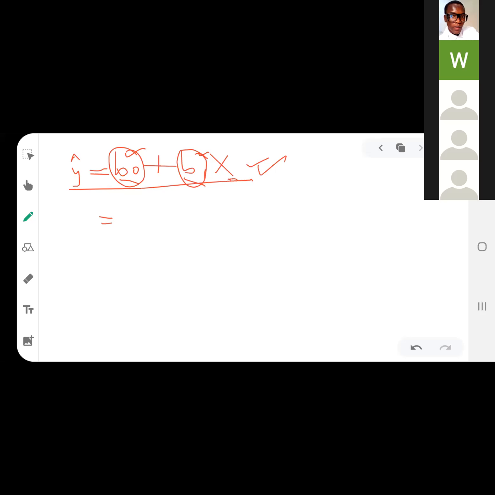Negative 200.3076923. Let's round it to 4 decimal places. Thank you. And then plus, we go back, you press shift, we need B1 now.